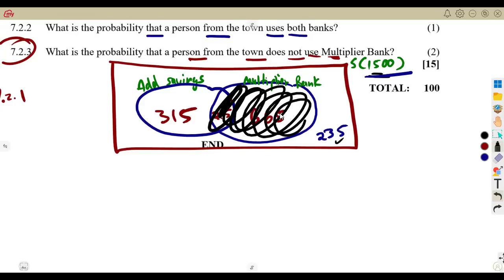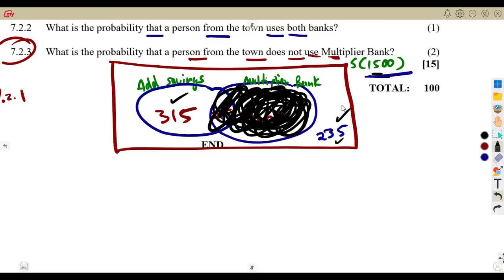You are not to say you use both. No, you are not having anything to do with multiplier bank. These are the ones who are using Ed Savings only, and those ones who do not use any of these cards. That is the idea there.